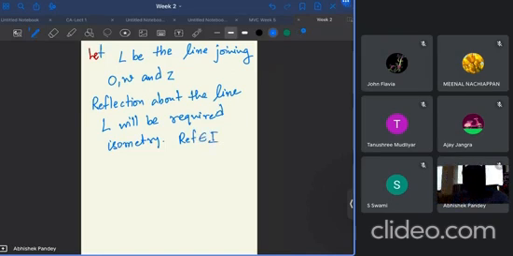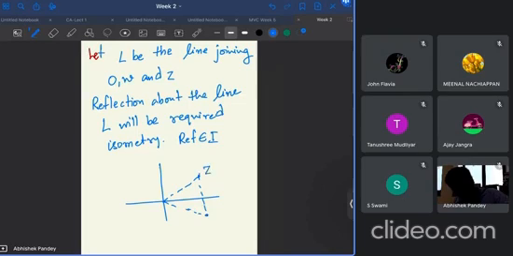So we know how to find a formula for reflection about a line, like about the real axis. If you take this as your Z and this is your reflection about the real axis, then the reflection of Z about the real axis is nothing but Z bar.